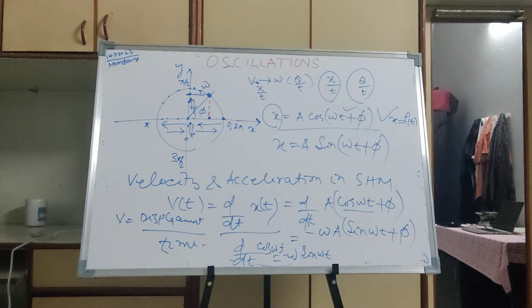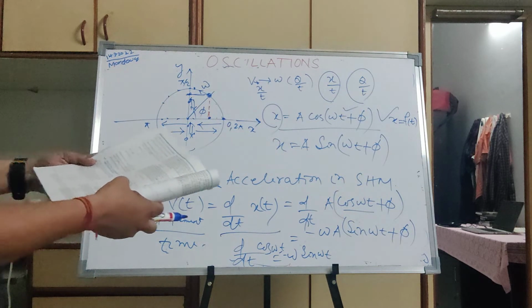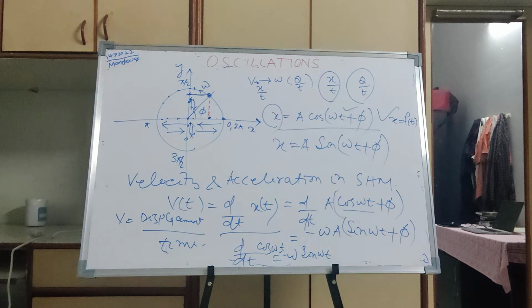This is the derivative of displacement. Velocity is equal to minus omega a sin omega t plus phi. This is the equation for velocity.